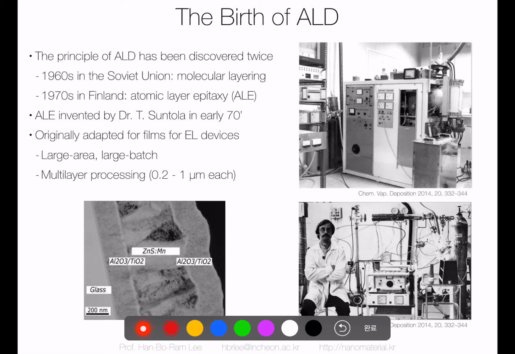ALD was invented almost 50 years ago in the Soviet Union. The basic concept was proposed there as molecular layering, and then almost 10 years later in Finland, the concept of atomic layer epitaxy was proposed by Tuomo Suntola. Typically it used to be called ALE, but now ALE refers to another thing, atomic layer etching.